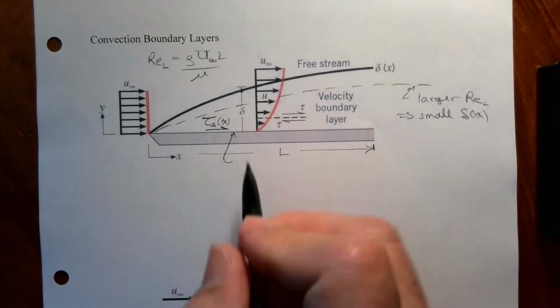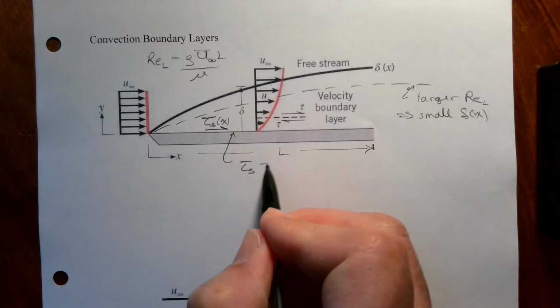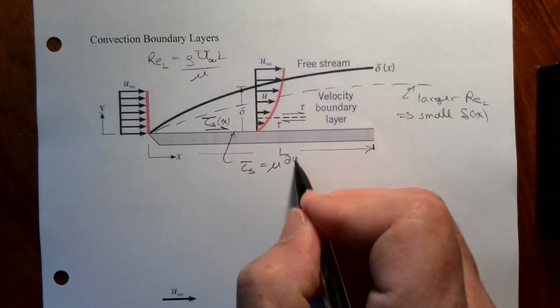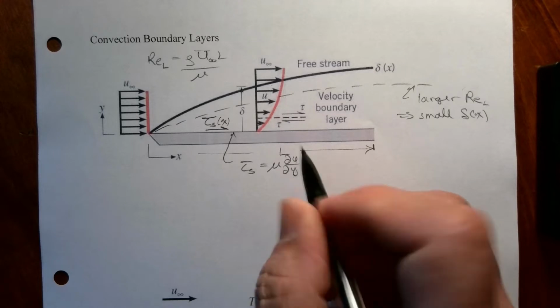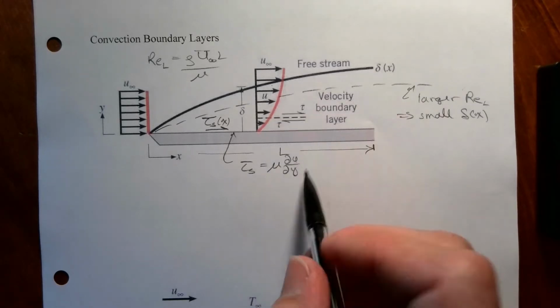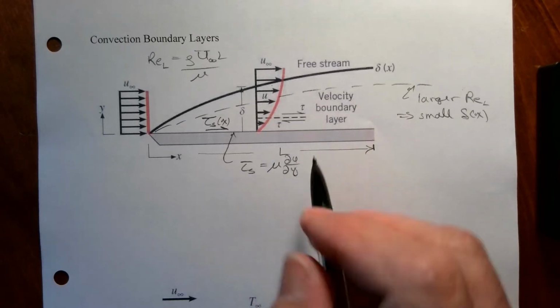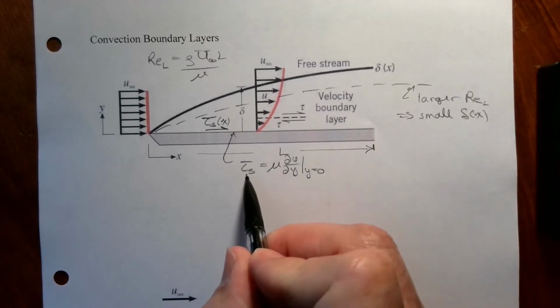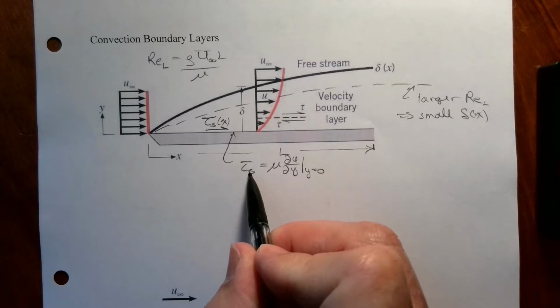So on that boundary right there, that tau shear is actually equal to mu times the derivative of u, that velocity profile, with respect to y. Evaluate that at y equal to 0, multiplied by mu, gives you the shear stress on the wall.